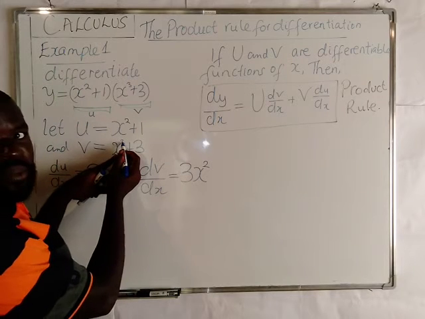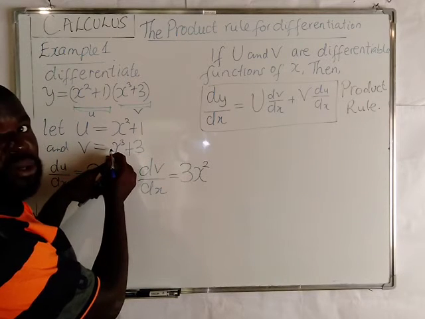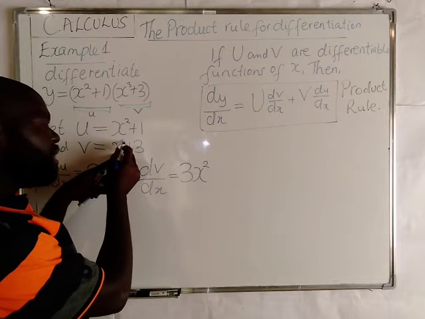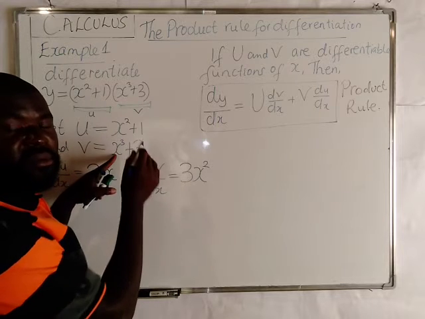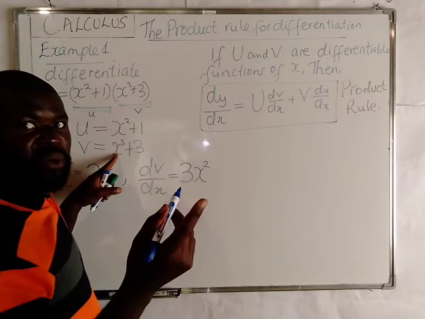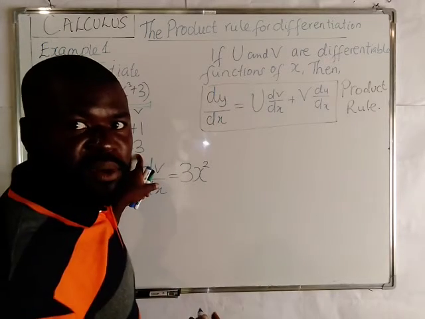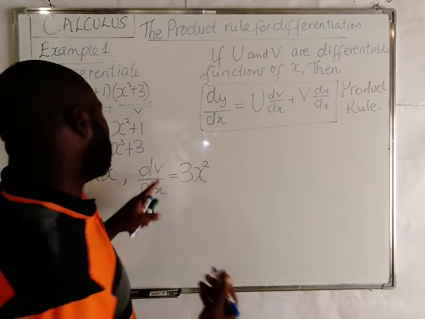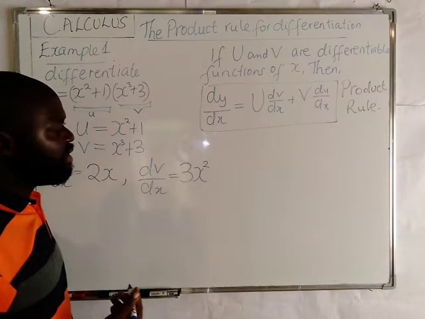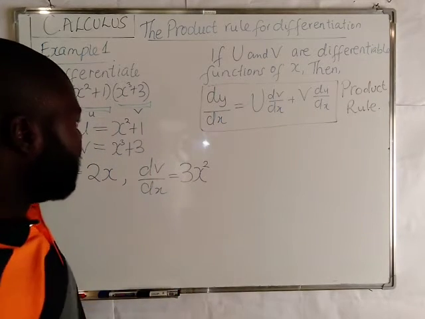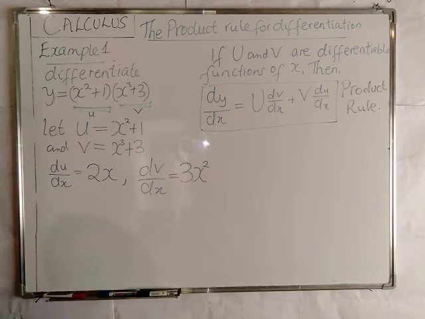We drop the 3 to the front, so that we have 3x, and the power will reduce by 1, according to the power rule, or the formula for differentiation. Then the derivative of the constant 3 is 0. So dv dx will just be 3x squared.